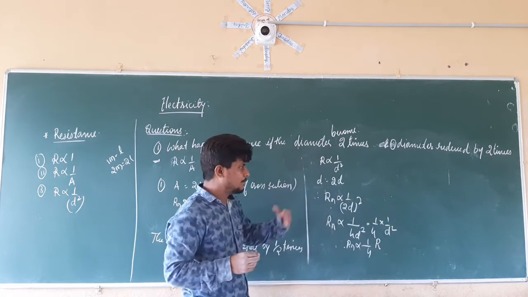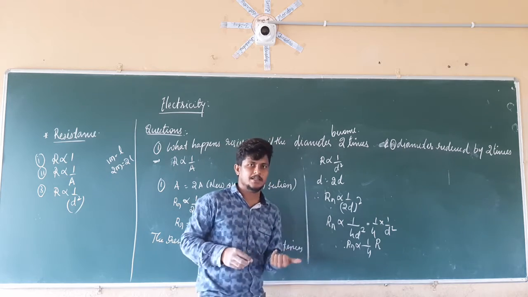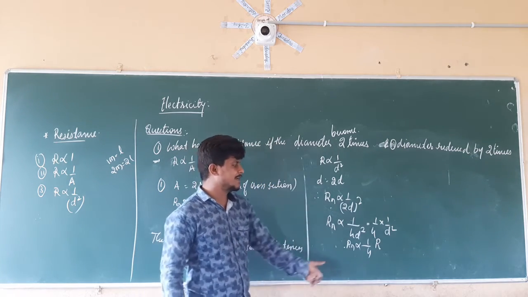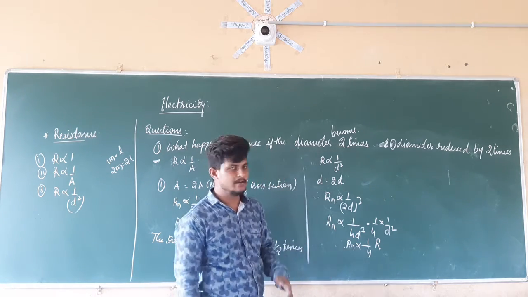So after the doubling of the diameter of a conductor, the resistance of the conductor is getting reduced by 4 times. The resistance of the conductor is getting reduced by 4 times.